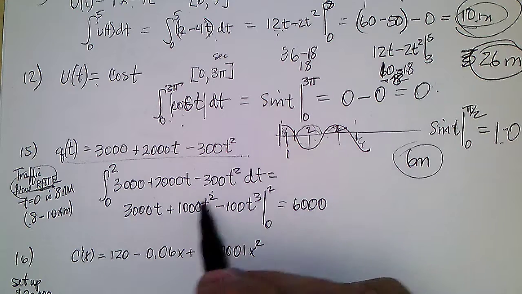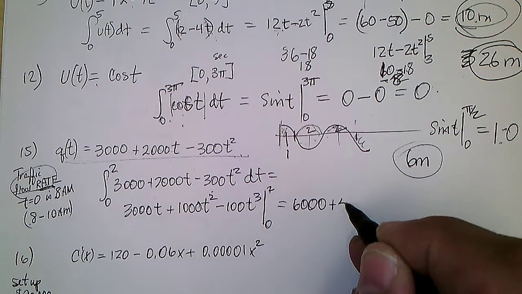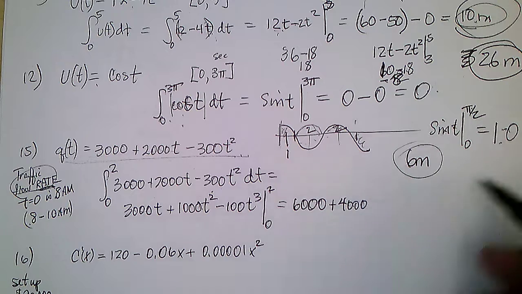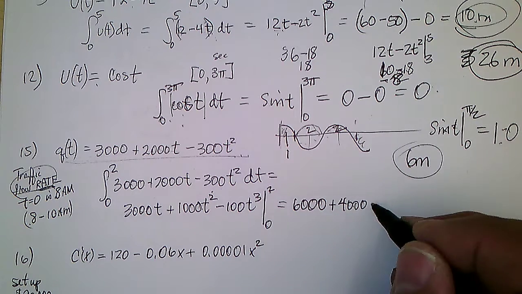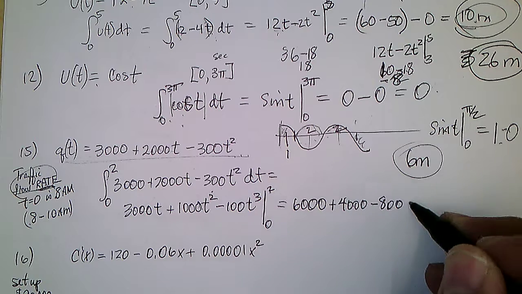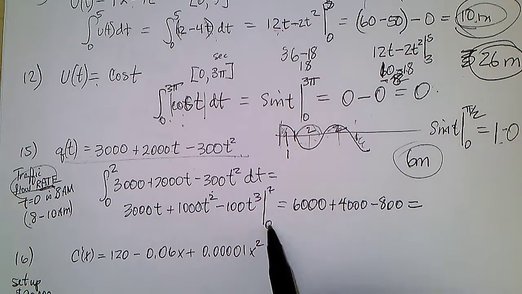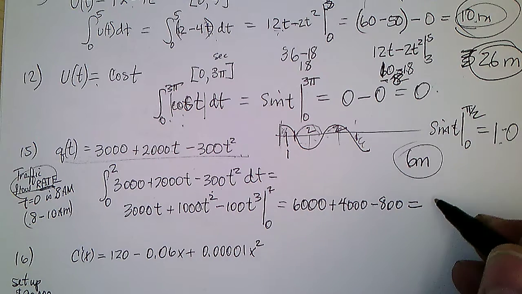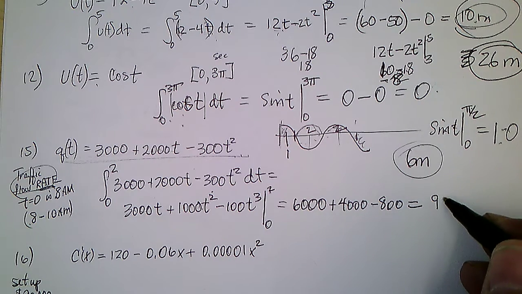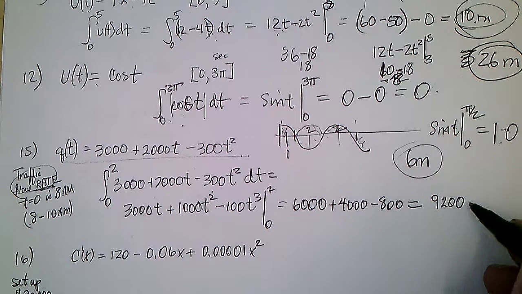And 4 times 1,000 plus 4,000 cars. And t cubed is 8 times 100 is minus 800 cars. So the number of cars between 8 a.m. and 10 a.m. will be 10,000 minus 800 is 9,200 cars.